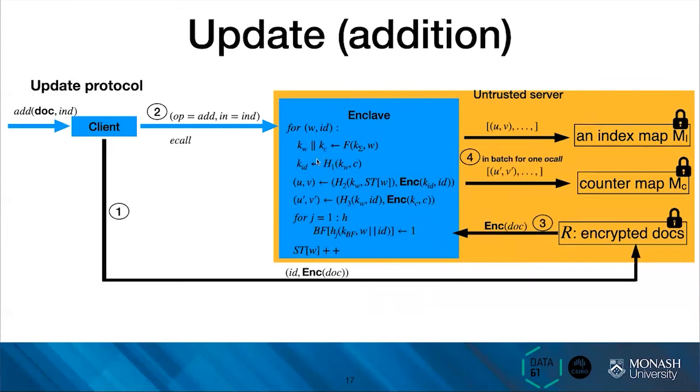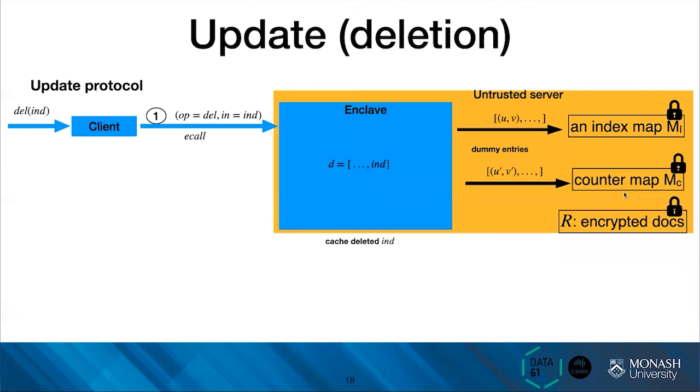In the update, if the user wants to add a new document, it encrypts that document and uploads it to the server. Then it gives the document identifier to the enclave, so the enclave can retrieve the document from the addressed memory, decrypt it, and generate the update tokens to update the index map and also the counter map.